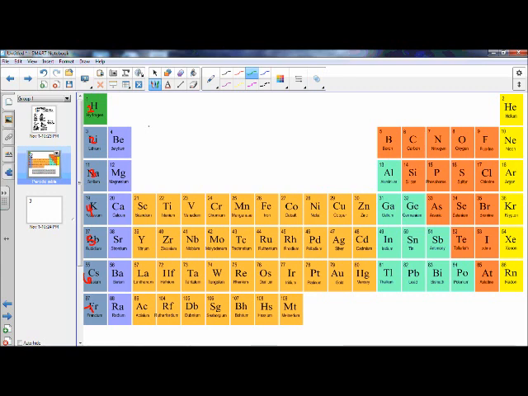This here is called the S block, these 2 columns. These columns over here are called the p block. These columns here in the center are the d block. Elements that are here, their final electrons are located in the s block.